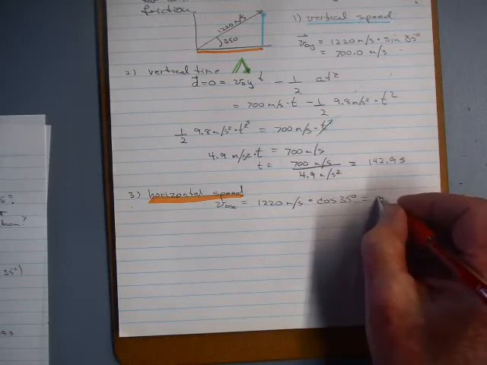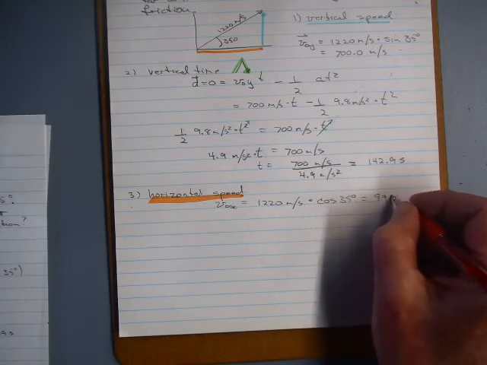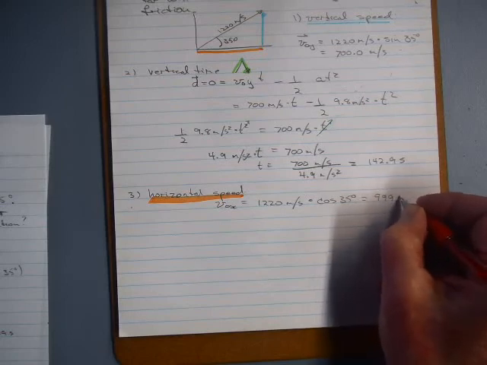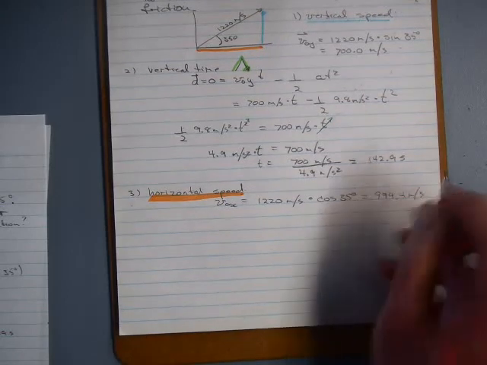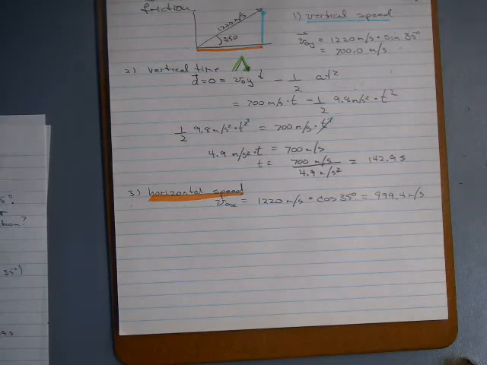This comes out to, believe it or not, 999.4 meters per second. 1,000 meters per second. 1 kilometer per second. What Mach is that? I don't know, but it's fast.